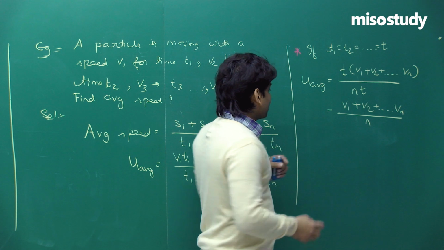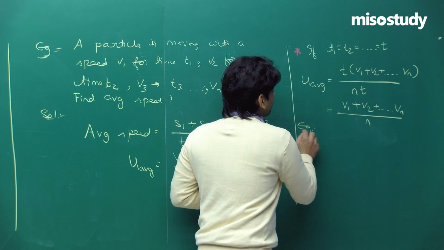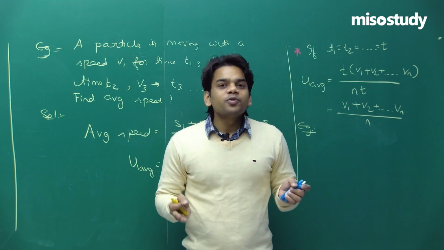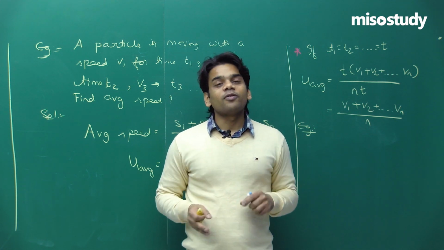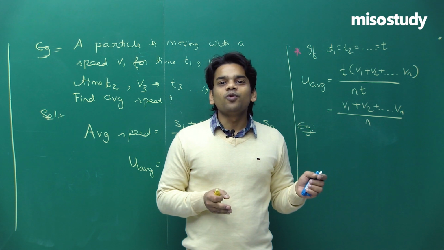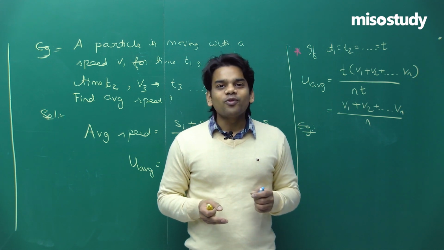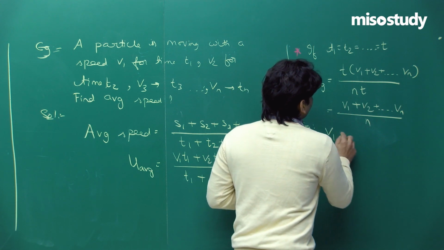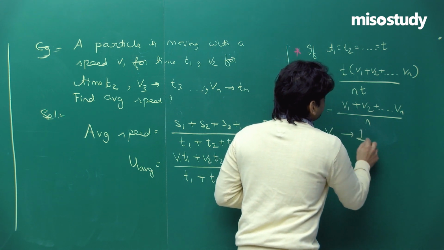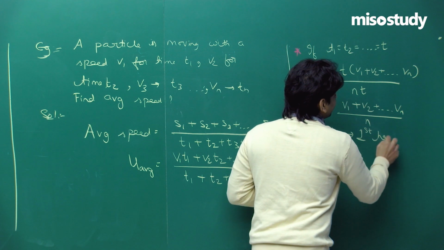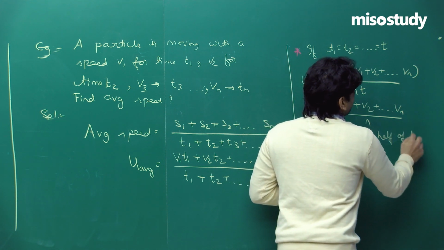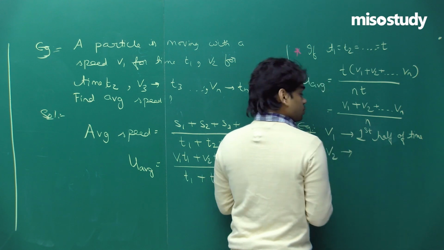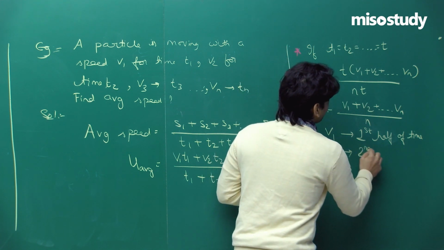One more example to understand it. Suppose it is given that a body during its course of journey moves with speed v1 for the first half of time and moves with speed v2 for the second half of time. We have to find out what is the average speed. In short, I am writing for first half of time, and let's say it has moved with speed v2 for the second half of time.